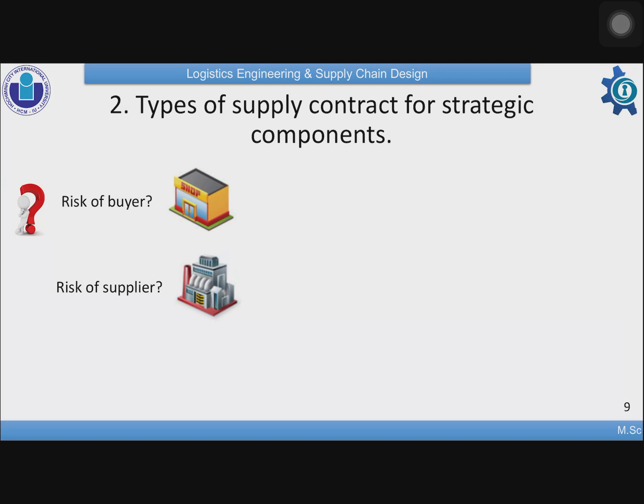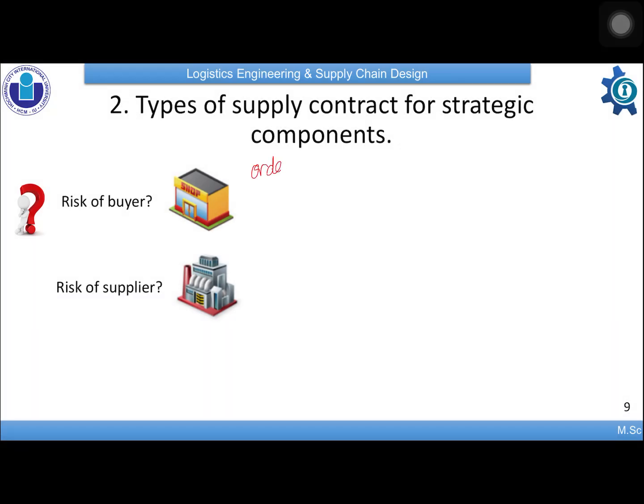So if the buyer orders more, the marginal loss is larger than the marginal profit, right? So that's why the buyer will try to limit the orders.